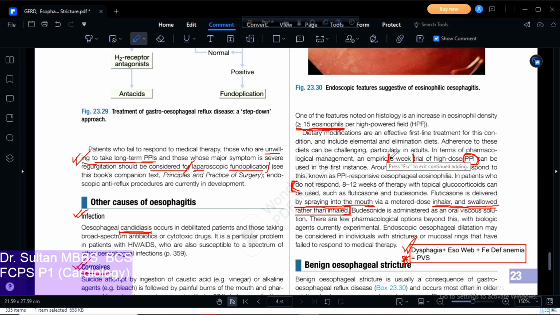But if they do not respond, what will be the treatment plan? If they do not respond to the proton pump inhibitor, then there should be 8 to 12 weeks of therapy with topical glucocorticoid, which can be either fluticasone or budesonide. And how is this taken? You tell the patient to swallow the spray.